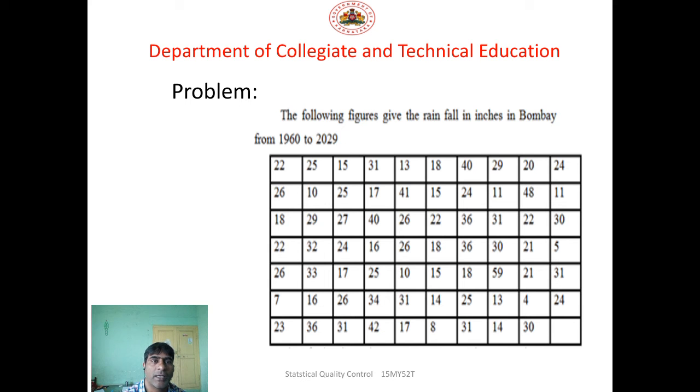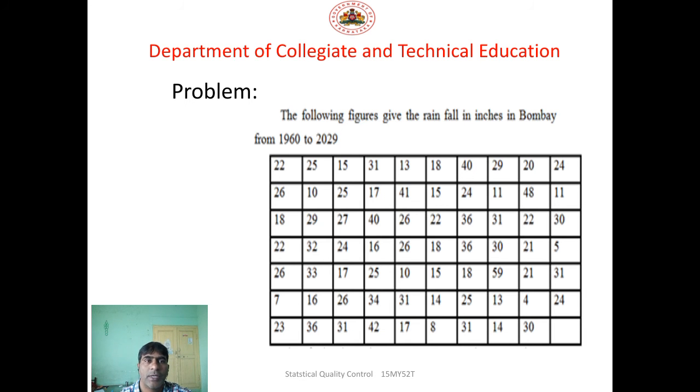We have 7 rows and 10 columns, but the last corner box is not having a number, so we have just 69 entries. For these 69 entries we are going to form a cumulative distribution table.